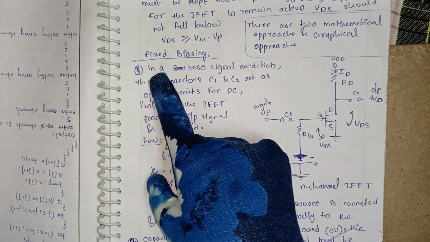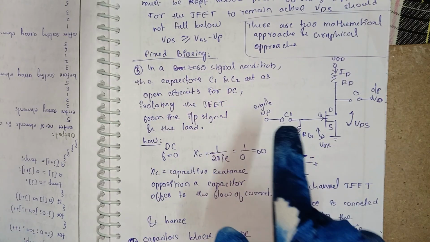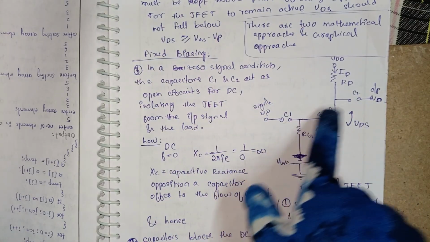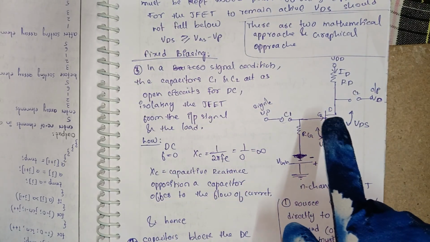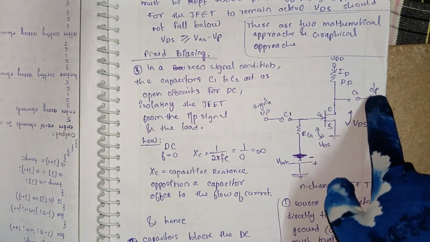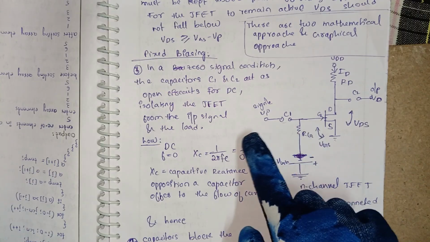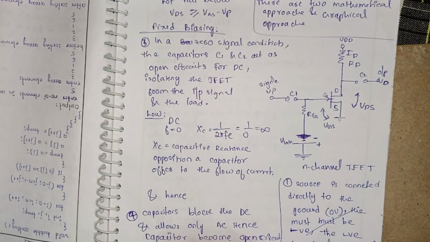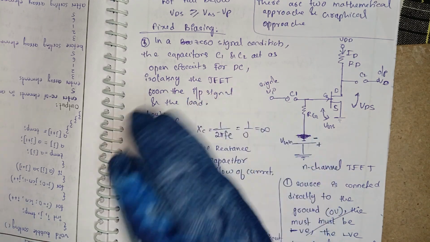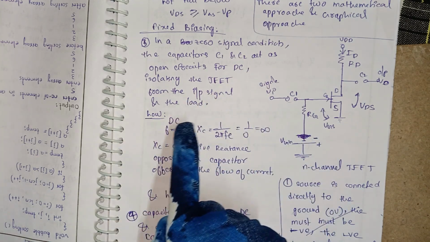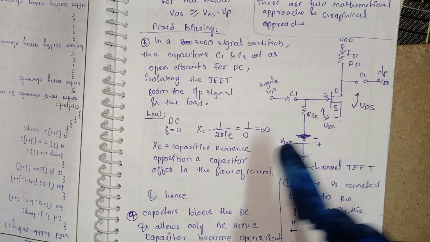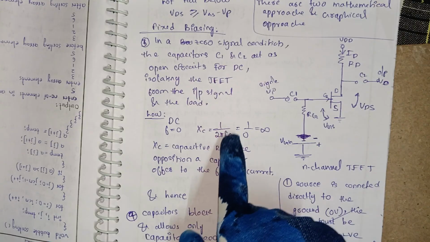The third point: in zero signal condition, the capacitors C1 and C2 act as open circuits for DC input, isolating the JFET from the input signal and load. Why they become open circuits: for DC, the frequency is 0, and capacitive reactance XC equals 1 by 2 pi FC.